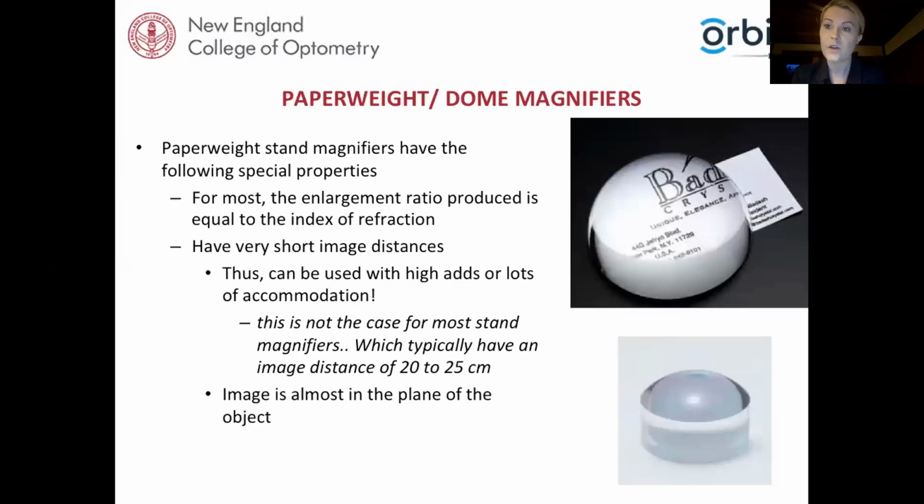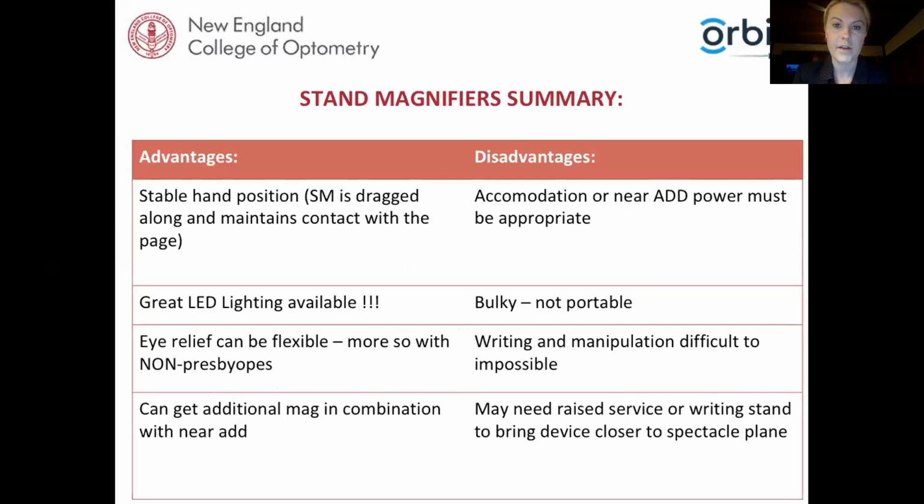So with that image almost being in the plane of the object, it allows a pediatric patient to hold and have a magnified view at their habitual distances using the accommodation, because kids tend to really like to hold things close and use that relative distance magnification. And so a dome gives them the appropriate enhancement in that scenario.